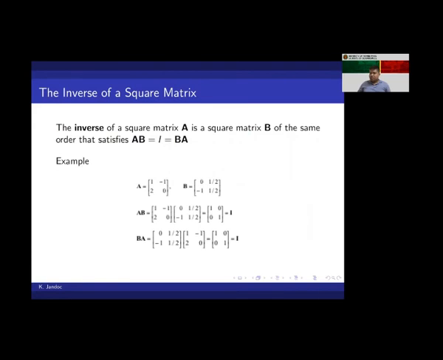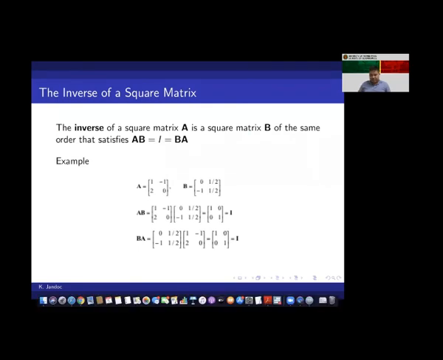We're going to an important part of this section, which is computing the inverse of a square matrix. The definition of an inverse is simple. If you have a square matrix A, again, this only works with square matrices.